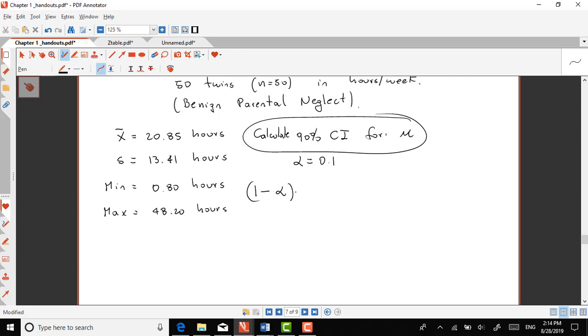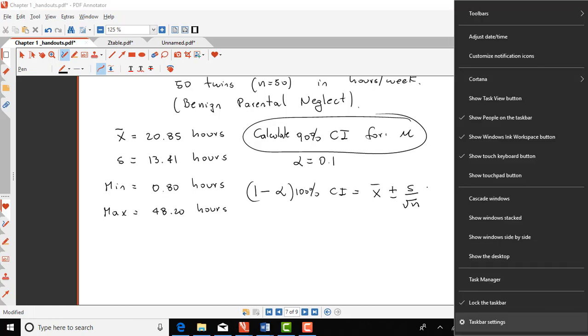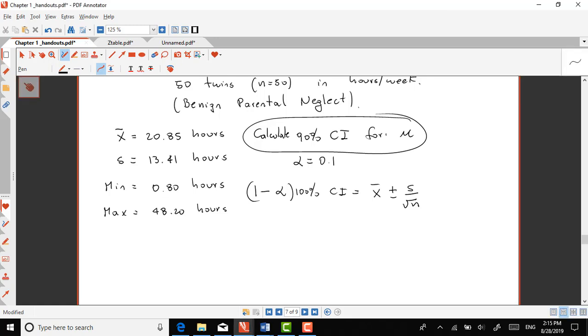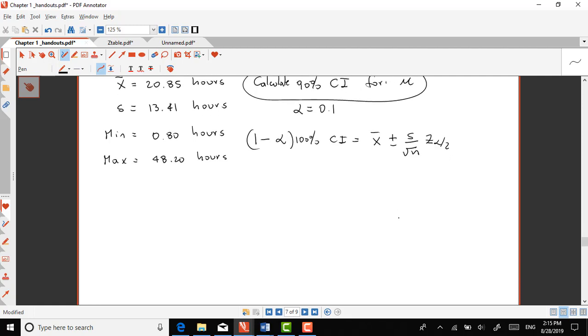So 1 minus alpha, 100% confidence interval. I'm just rewriting the formula here. Z alpha over 2. In our case, it's a 90% confidence interval, which is going to be equal to 20.85 plus minus Z alpha over 2 times 13.41 divided by the square root of 50.